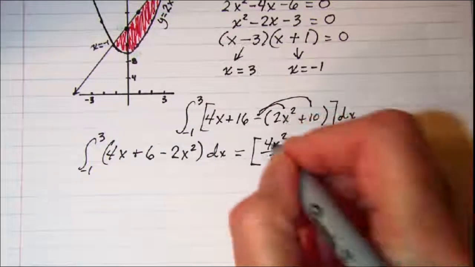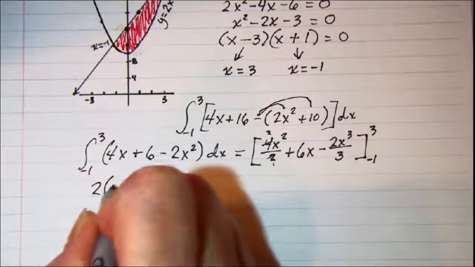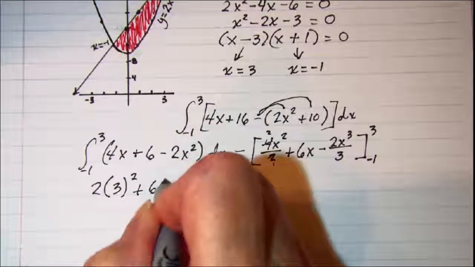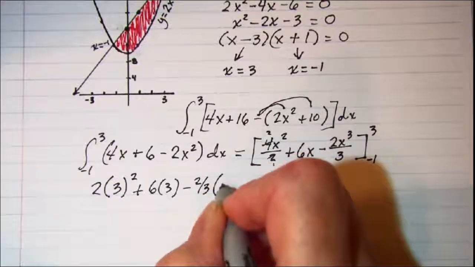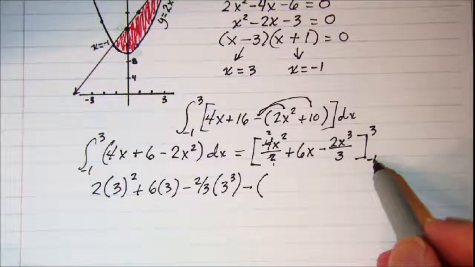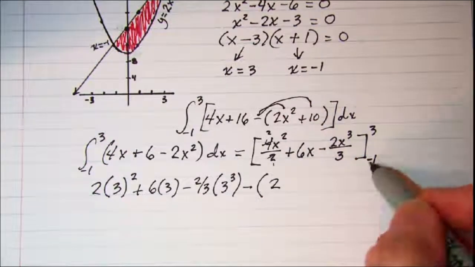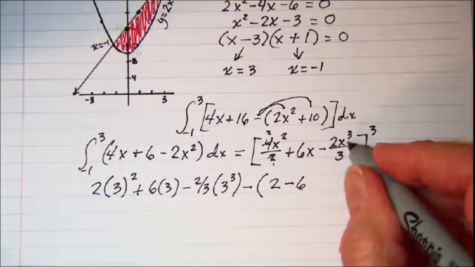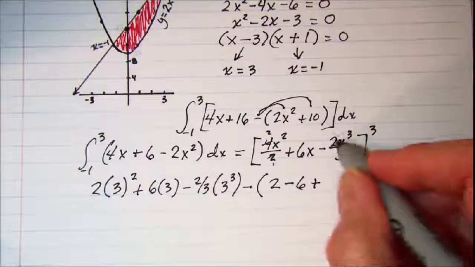So we have 2 times 3 squared plus 6 times 3 minus 2/3 times 3 cubed, minus, and then when I sub in negative 1 here, negative 1 squared is just 1, so I have 2 minus 6, and then negative 1 cubed is negative, but with this negative that makes this a positive term, so plus 2/3.